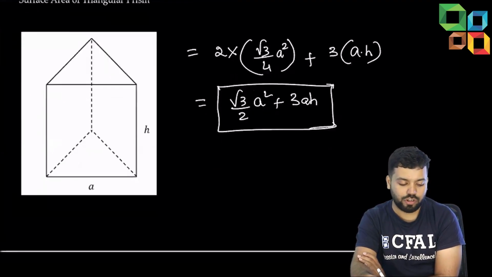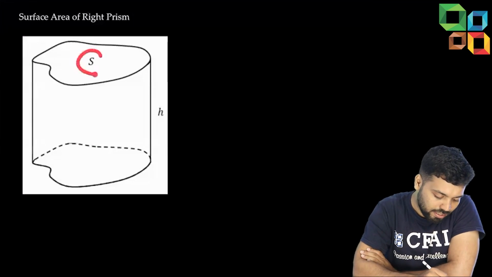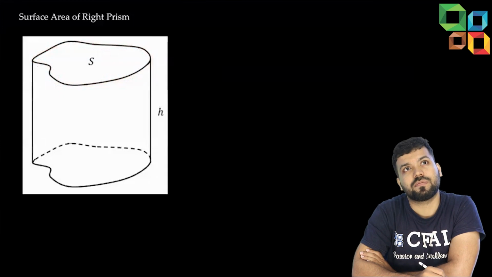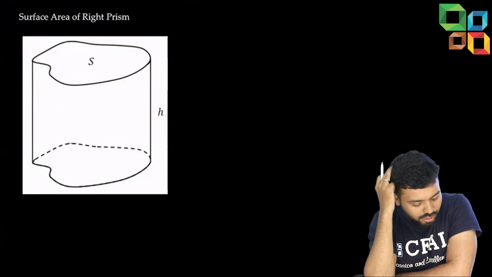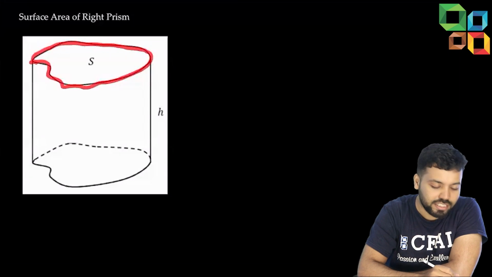So in this case, S is the surface area of the base. Is it the surface area? I think we need one more factor here. Okay, assume that this S is the perimeter.